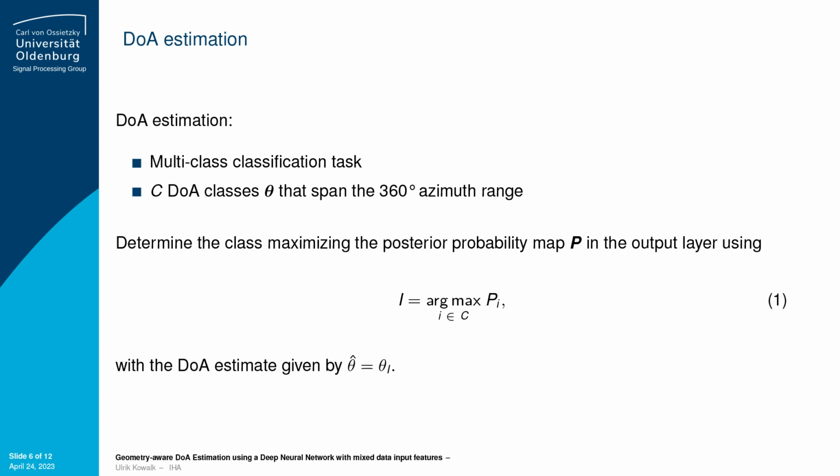The DoA estimation is formulated as a multi-class classification task where the C neurons of the final DNN layer represent a posterior probability map of C DoA classes that span the 360 degrees azimuth range. The class that maximizes this probability map is deemed the DoA estimate.